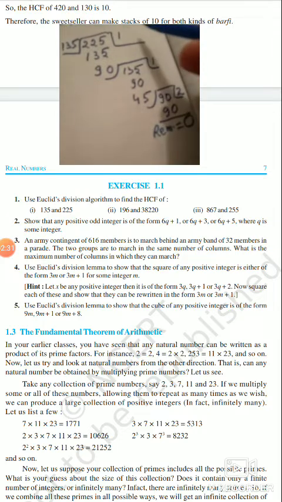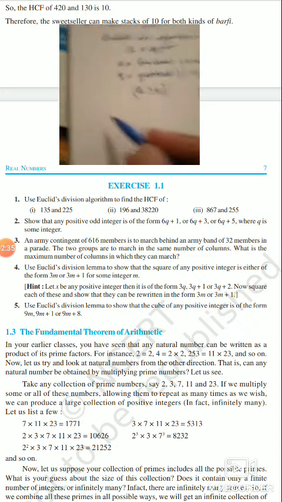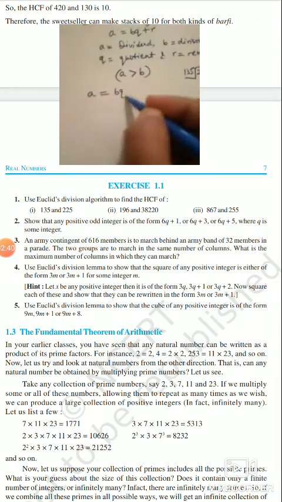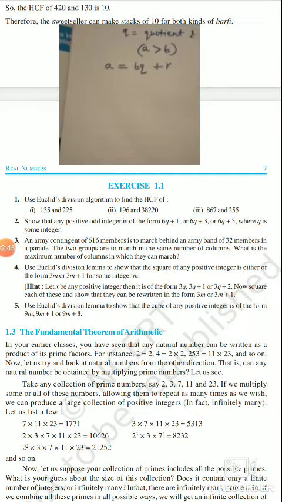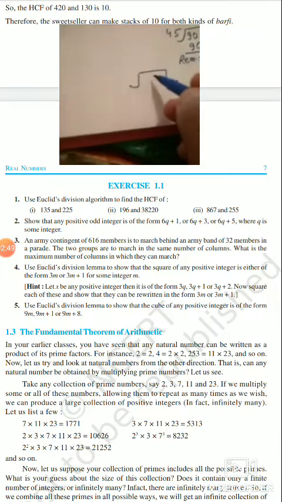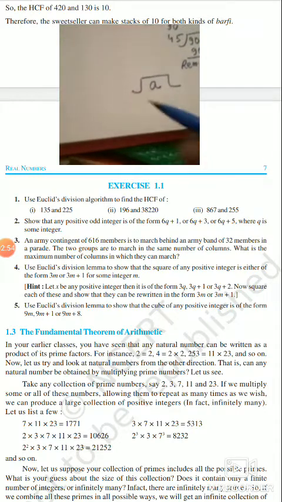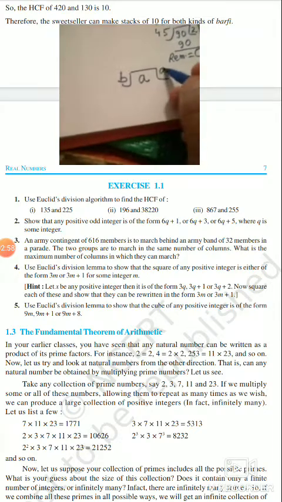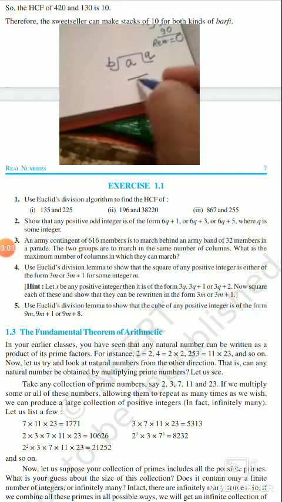This is the flow chart, and here I am going to write the algorithm A equal to BQ plus R. One more thing, this is the sign of division. This dividend A comes here, divisor is B, quotient is Q, and after subtracting, this is the remainder.